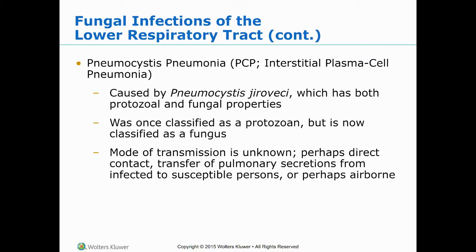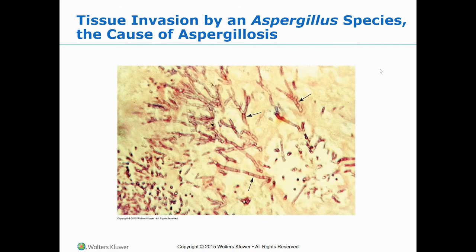Most anything that involves your lower respiratory tract is going to involve pneumonia. This can be caused specifically by a pneumonia-specific fungus. They used to be considered a protozoa, but now they say it's more of a fungi. Either way, at the end of the day, it causes interstitial plasma cell pneumonia.